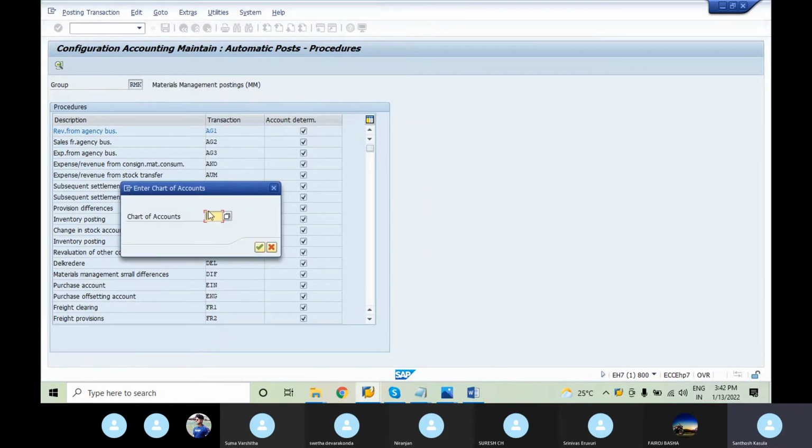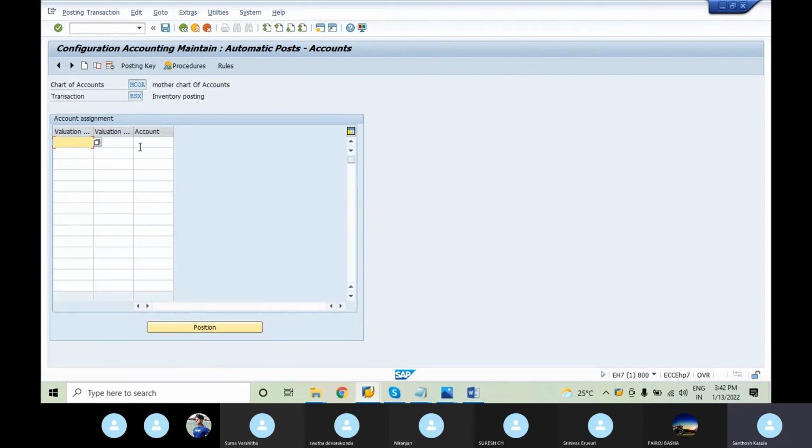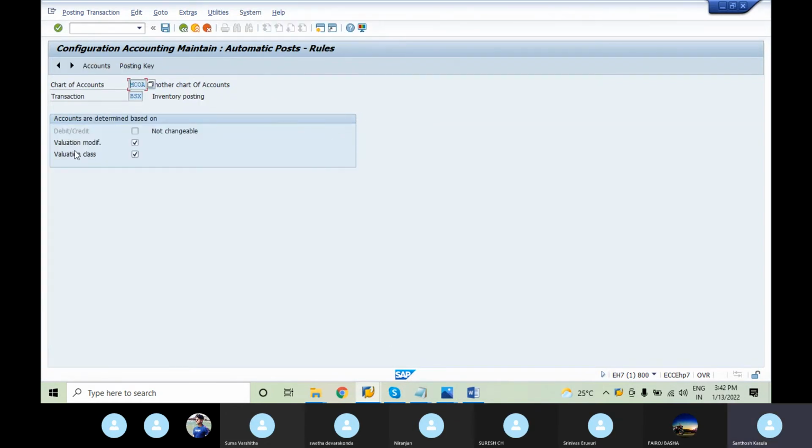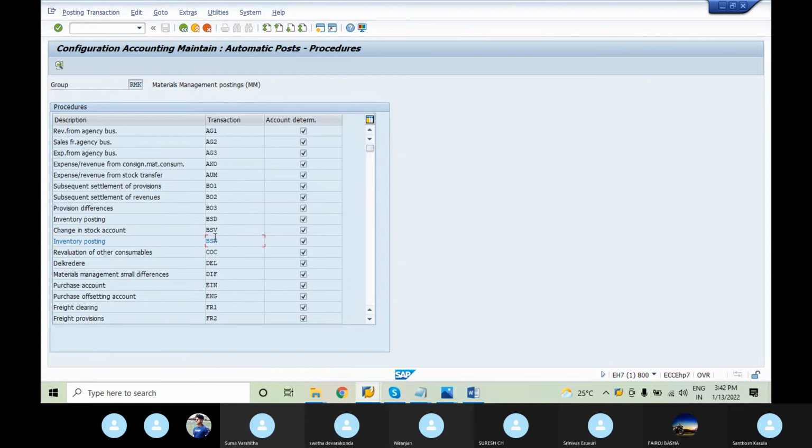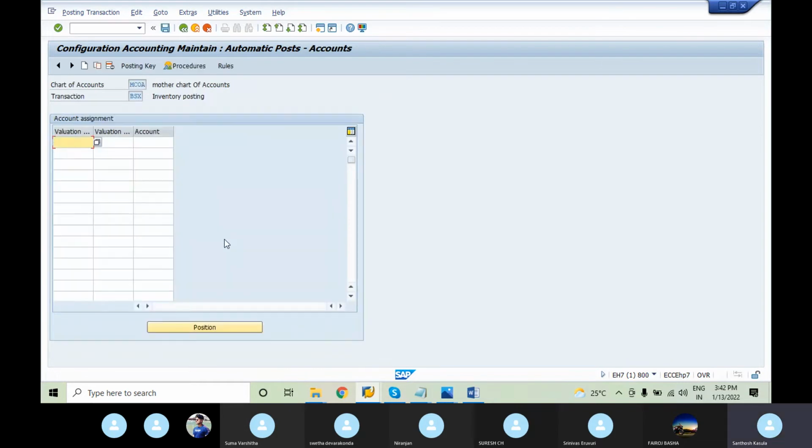So if I give the chart of accounts, you can see here there are rules: valuation modifier and valuation class.